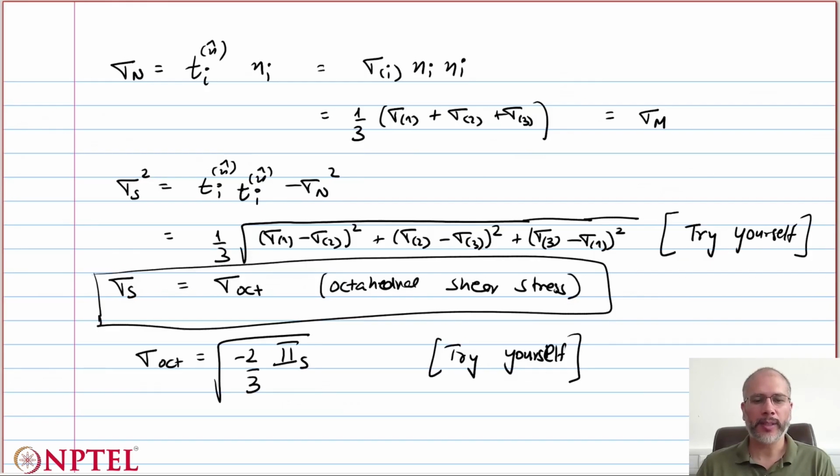Now, practically speaking, we have noticed that when we are studying yield criteria, that is when we start talking about plastic deformation of ductile wires, like if you take a wire and bend it, there is a situation where it will change its shape to the new shape, that is the process of yielding.